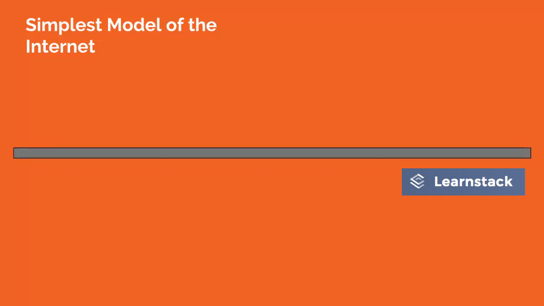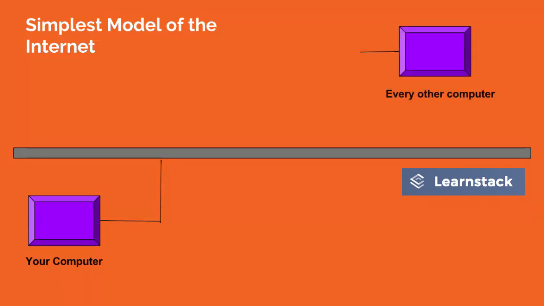This is our giant pipe which passes through every home. This is your computer and this is how you connect to the Internet. This is somebody else's computer, maybe your friend's, and this is how he connects to the Internet. And similarly, every other computer on the earth is connecting to the pipeline like this.